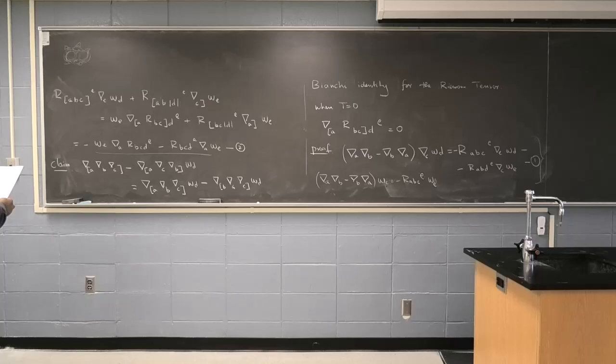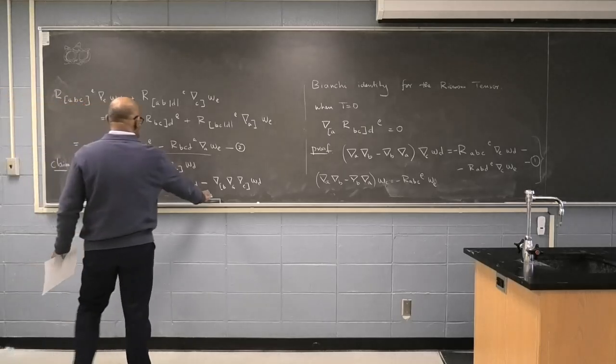R, A, B, C, E, okay. A, B, D, E, C, W, B is equal to W, R, A, B, C, D, E plus R, B, C, D. Okay. That's all we need.